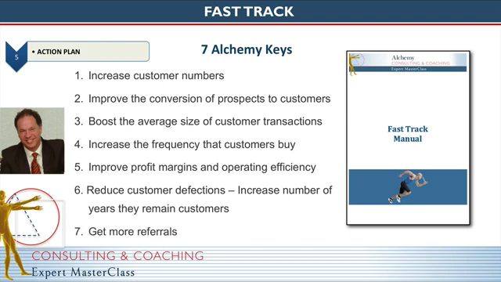And finally, of the 7 alchemy keys, get more referrals. Now, in many ways, this is related to number 1, but it kind of isn't, because it is a standalone area where we can actively drive more referrals in by putting in proactive referral systems. And we've got a whole load of them, as you'll see in the encyclopedia.